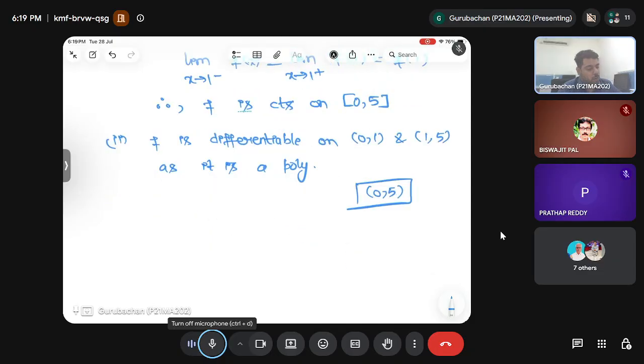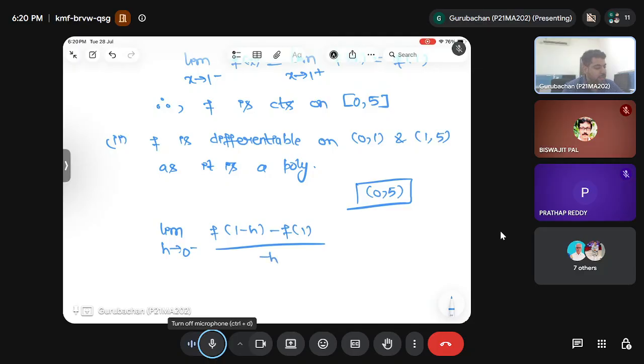Similar to the above one, how can we check the differentiability for this case? We check the left hand derivative and the right hand derivative. It can be written as limit h tends to 0 of f of 1 minus h minus f of 1 divided by minus h.